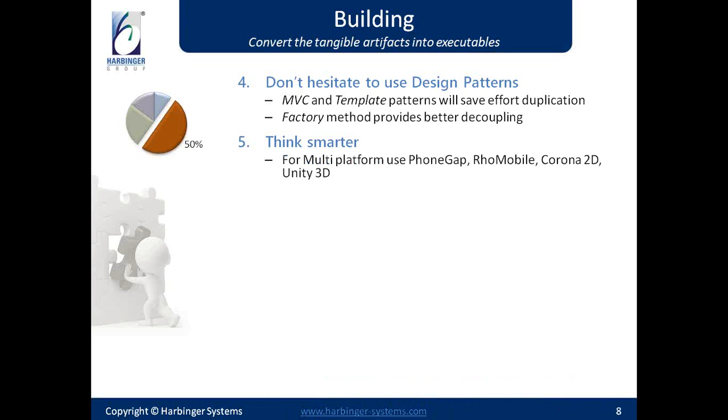For instance, if you are planning to build a mobile application intended for different platforms like iOS, Android, or Windows Phone, then you should make use of common libraries like PhoneGap, RhoMobile, Corona 2D, or Unity 3D. All these libraries or frameworks work on a common principle of code once and use on multiple platforms. This is going to save a lot of time and effort in duplicating the same information for different platforms.